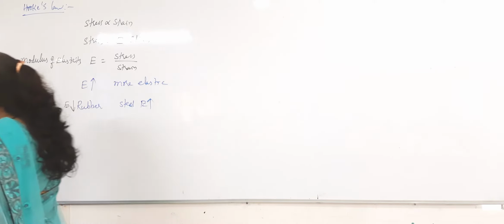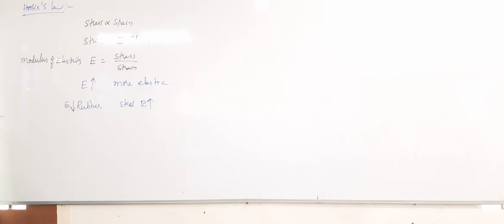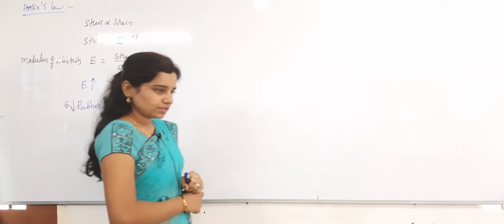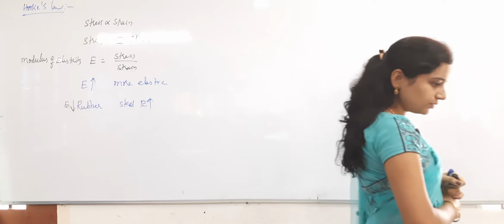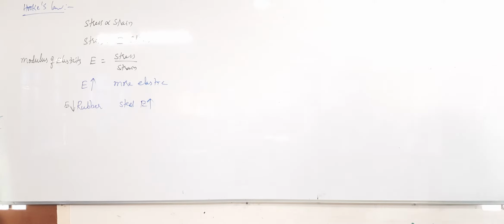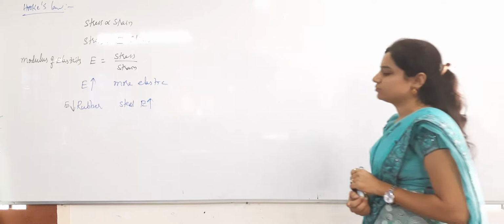The materials with high modulus of elasticity are more elastic. Write a note point: steel is more elastic than rubber.